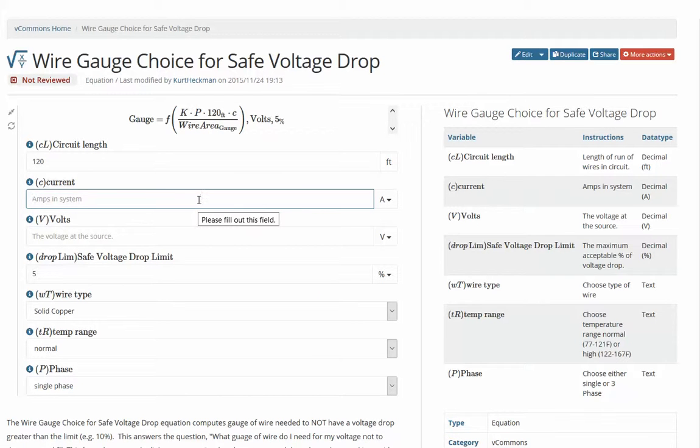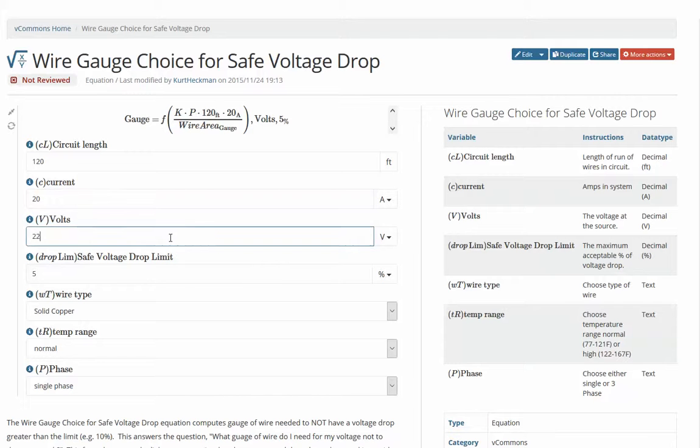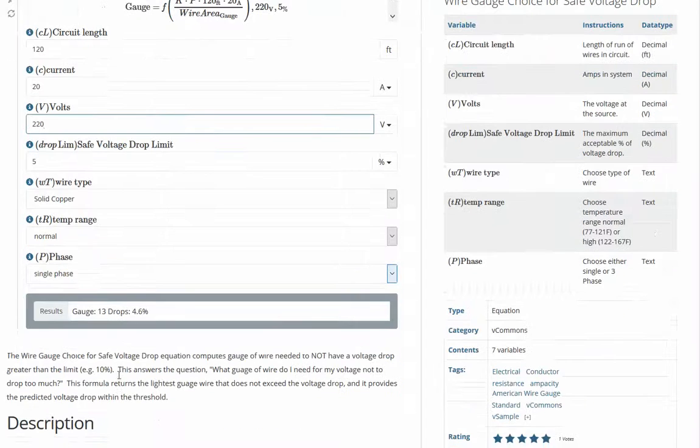And we're going to put 20 amps, and we'll say of 220 volts. And what this is going to do now is calculate what is the lightest gauge of wire that could be used that will have a voltage drop within the threshold of a percentage drop. So in this case, we said it cannot exceed 5%.